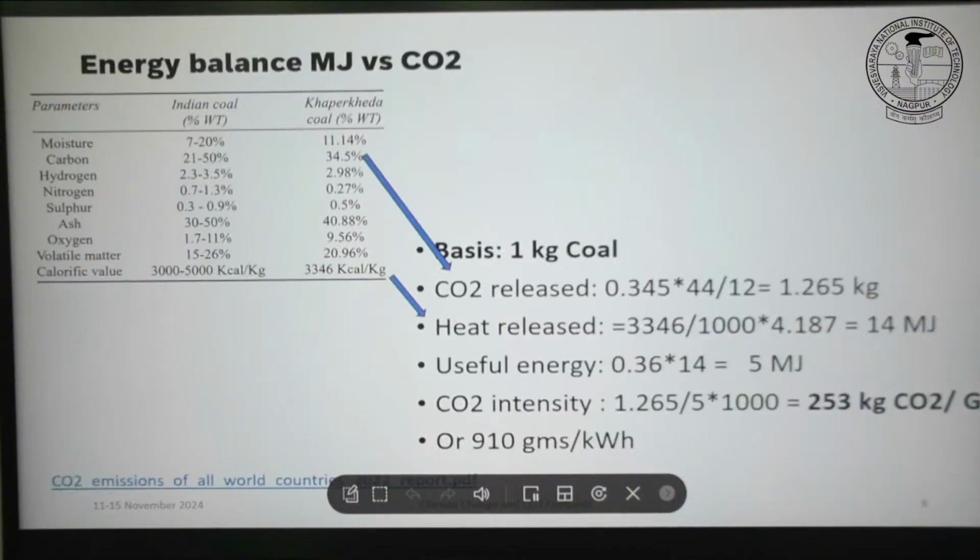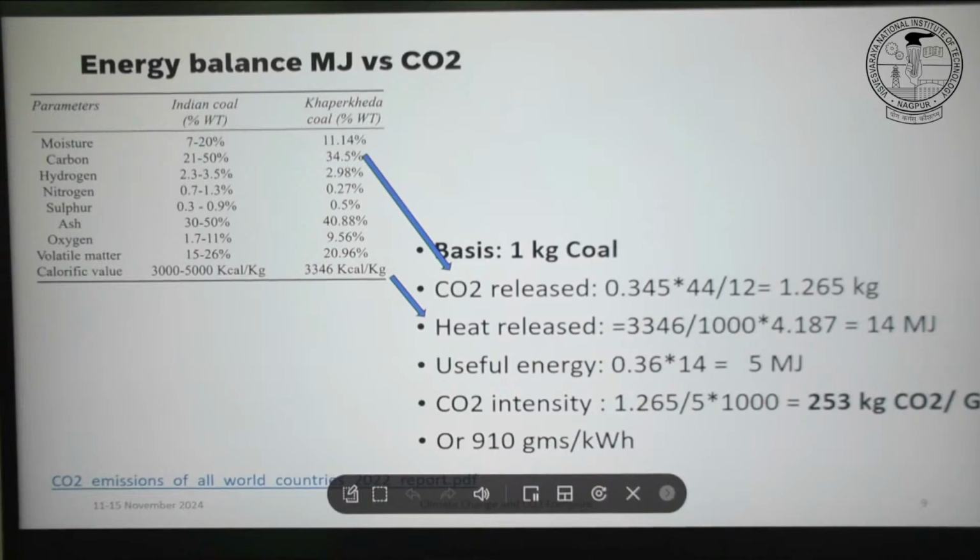So here we come to the first calculation. Here you could see I'm presenting two compositions of coal. It's almost 35% carbon. I remember it was an ultimate analysis of the coal.